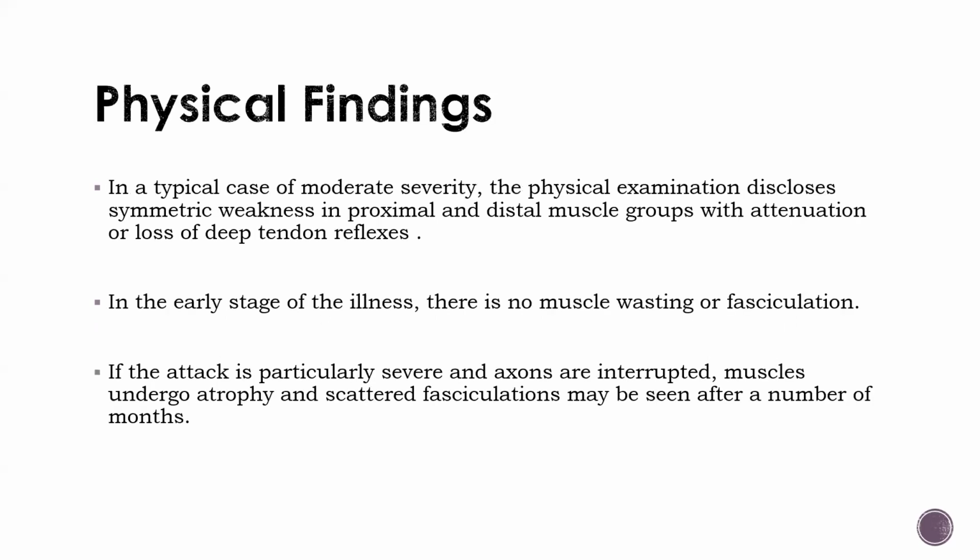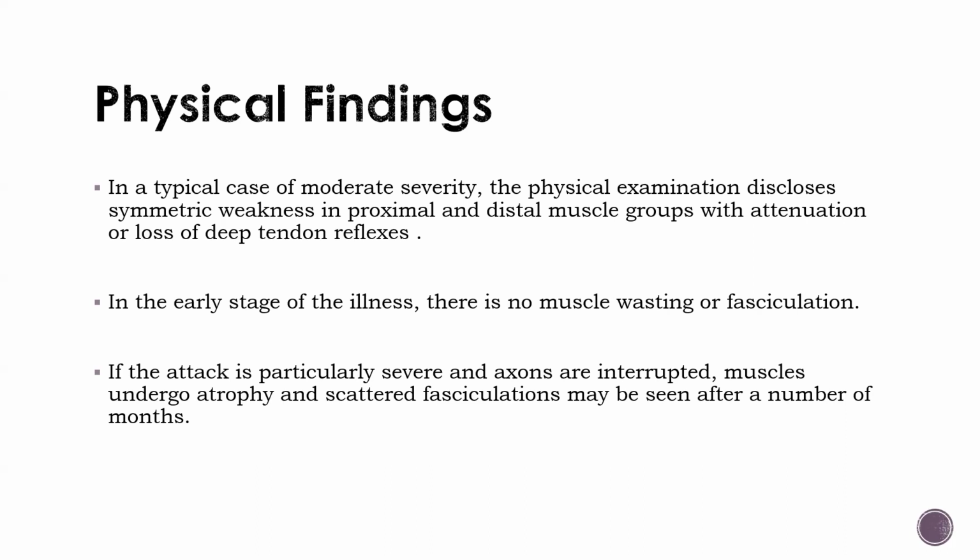Now regarding physical findings. In the typical case of moderate severity, the physical examination discloses symmetrical weakness in proximal and distal muscle groups with attenuation or loss of deep tendon reflexes. In the early stage of illness, there is no muscle wasting or fasciculation.